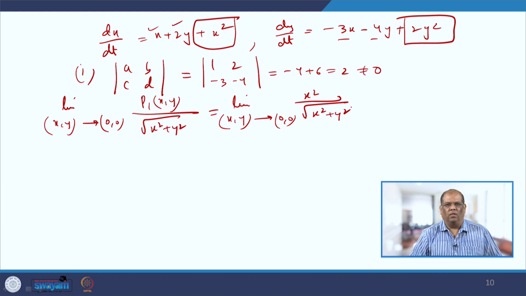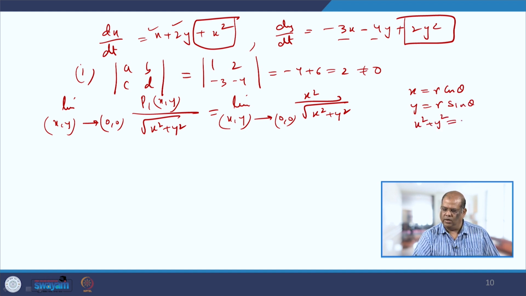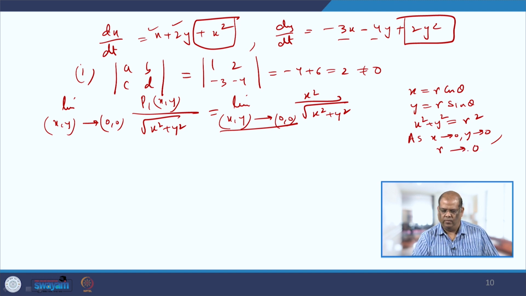Generally we solve this double limit by taking x = r cos θ, because it is in the form x² + y², and y = r sin θ, such that x² + y² = r², and as x tends to 0, y tends to 0 simultaneously, r will also tend to 0.